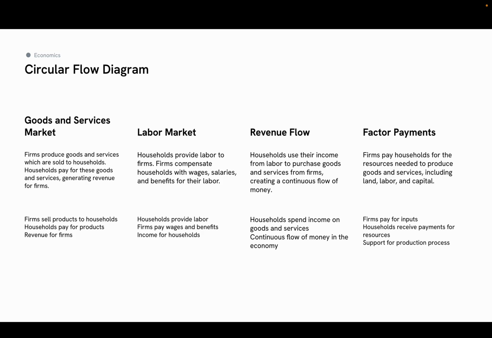It depicts the economy as consisting of two groups, households and firms, that interact in two markets, the goods and services market and the labor market. This model helps economists focus on essential elements without getting overwhelmed by every detail, providing a clear framework to analyze economic behaviors and predict outcomes.